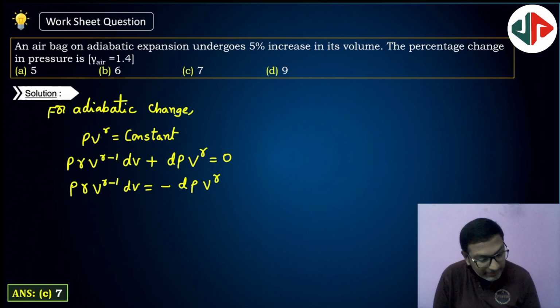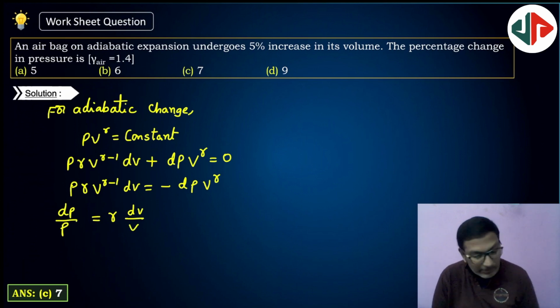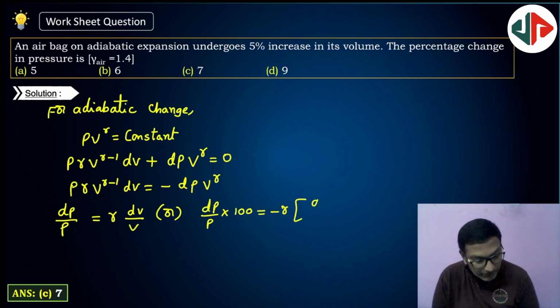So from this dP by P equal to minus gamma into dV by V, or we can write like this in terms of percentage, dP by P into 100 equal to minus gamma into dV by V into 100.